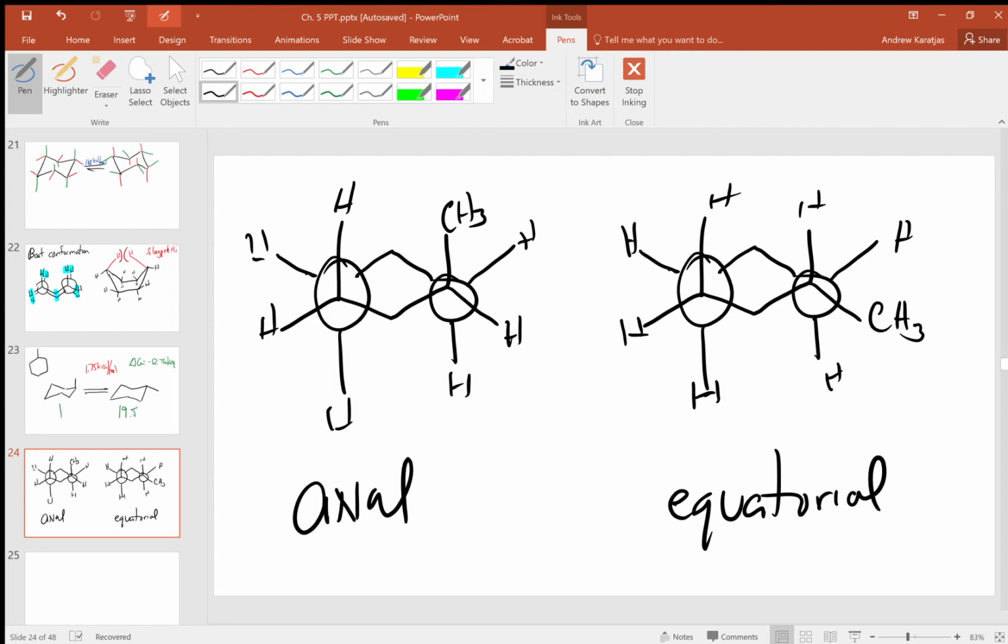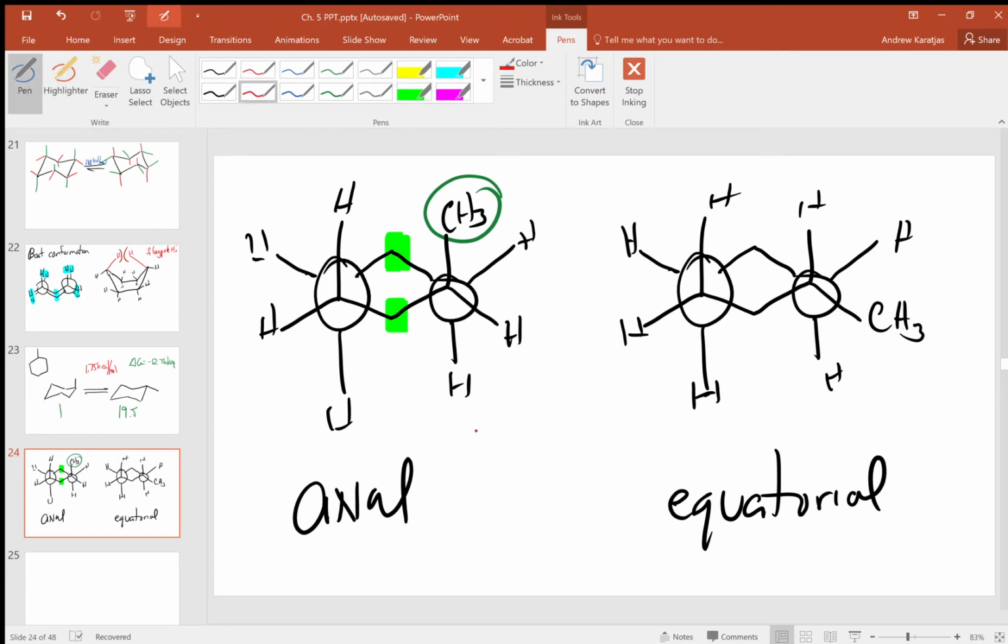And the big difference that you see is that in the axial position, this methyl group, and again, this is another reason that it's good to follow along with your models, has a gauche interaction with this carbon here, as well as this carbon.